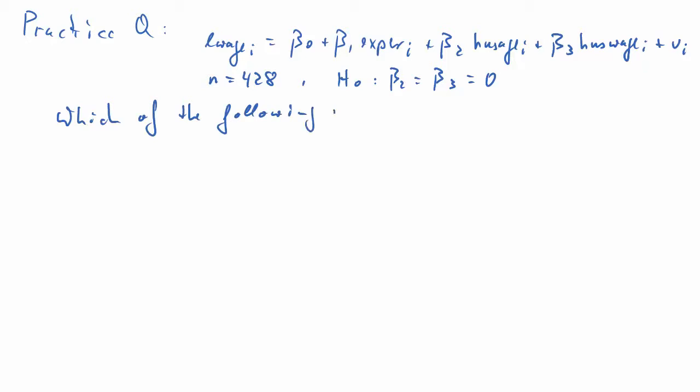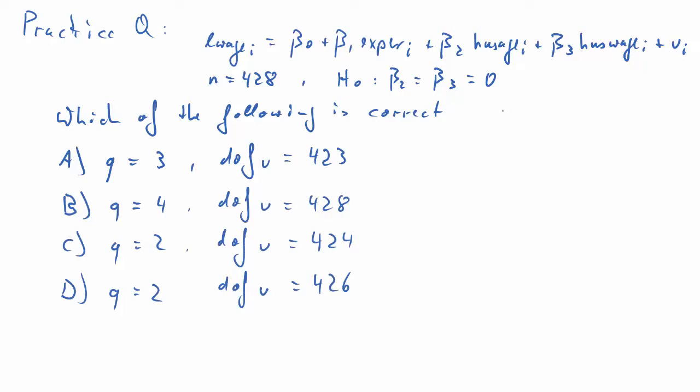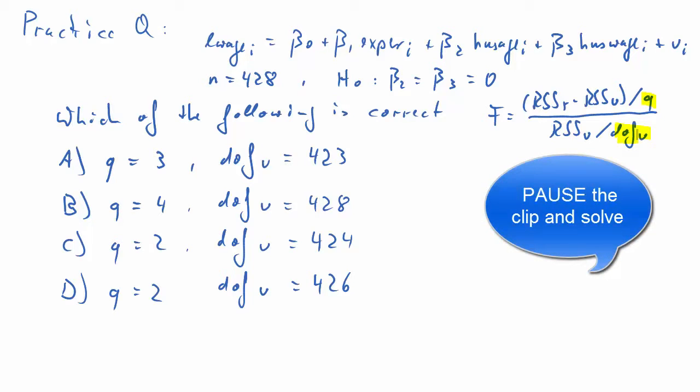The question you ought to answer now is which of the following are the correct values for Q, the number of restrictions, for instance, are they 3, and the degrees of freedom for the unrestricted model, for instance, are they 423. And here are 3 other possible solutions. Recall that Q and DOFU are not only important for critical values, but also important in the calculation of the F statistic. So, pause the clip and try and solve it.